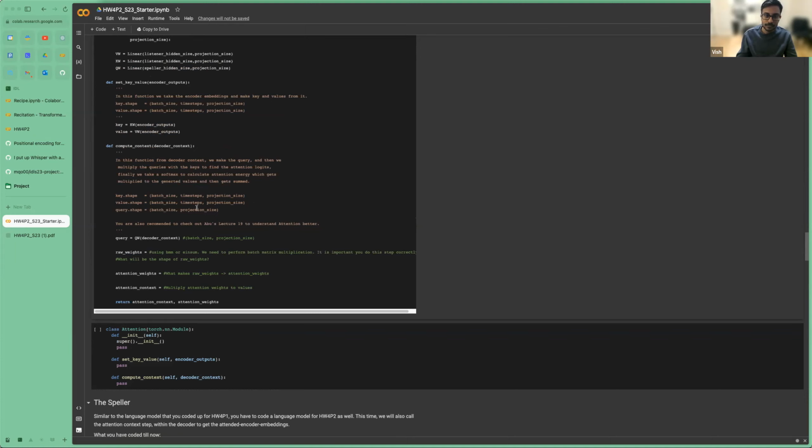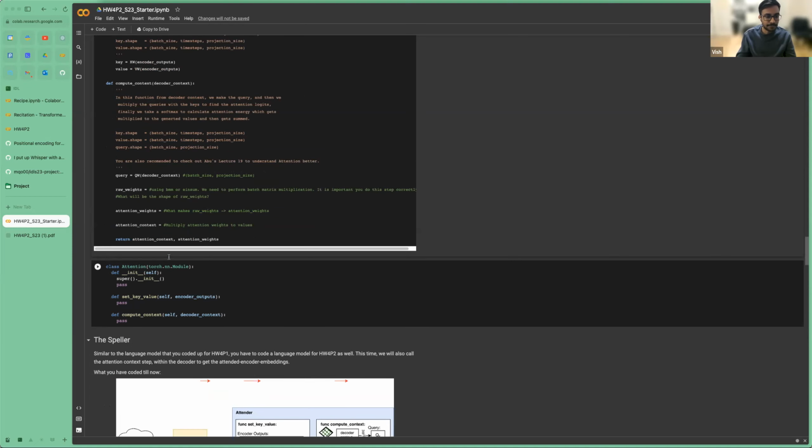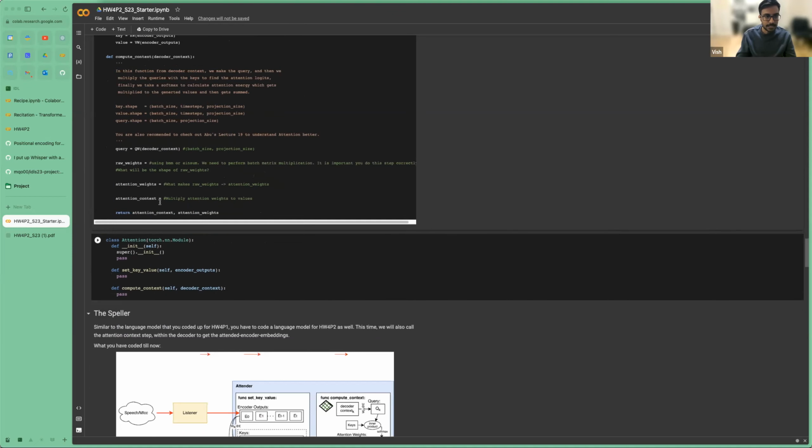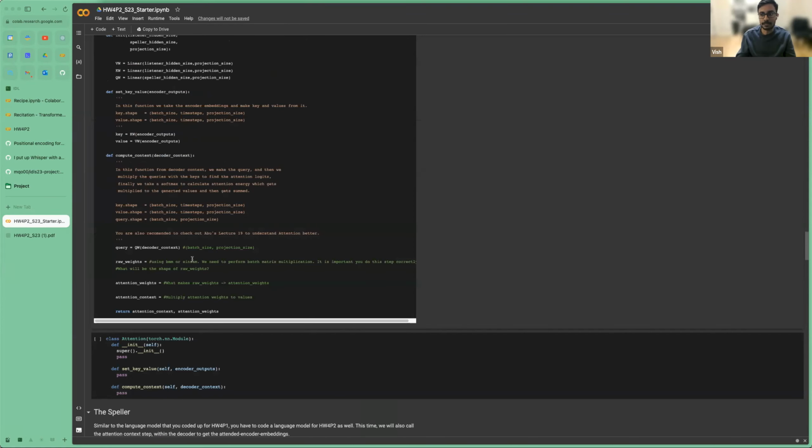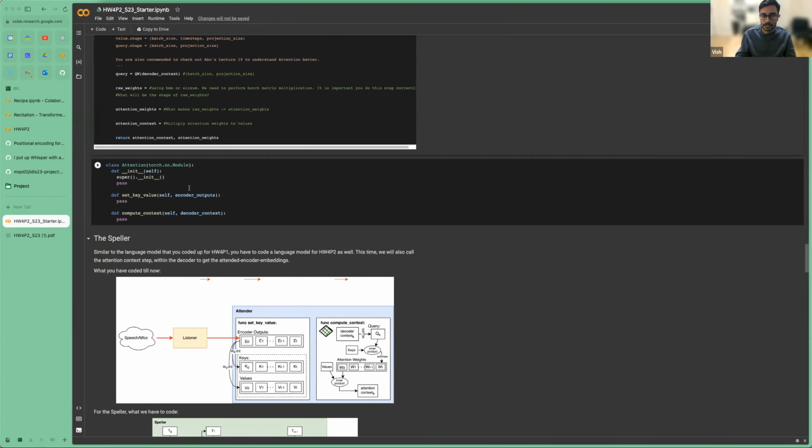So you want to use that knowledge to understand what axes to do your multiplication in, or how to construct your einsum string. So yeah, just try to line the shapes up and then you'll understand what to do. And obviously keep the equations from the write up when you're doing that.